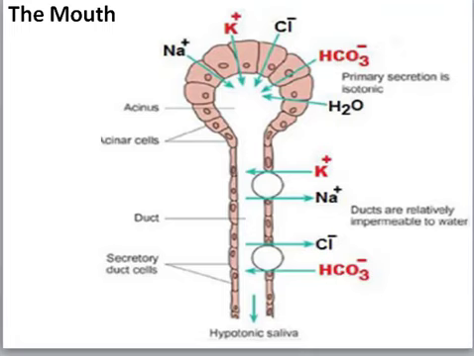The functional unit of the salivary gland is called the acinus, and there is the duct. The acinus secretes different ions and also water and bicarbonate into the duct. The duct will process this secretion, not like the ducts of other glands in the body, which only pass the content.